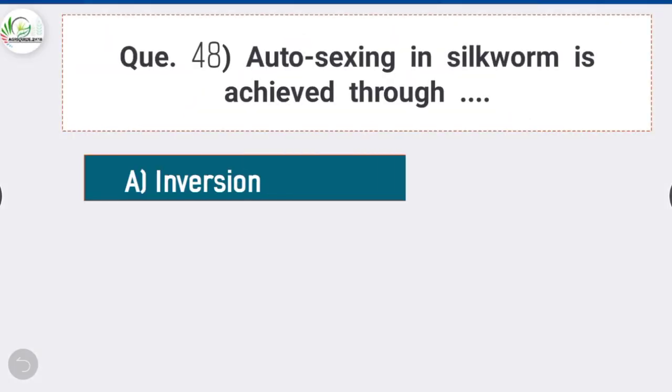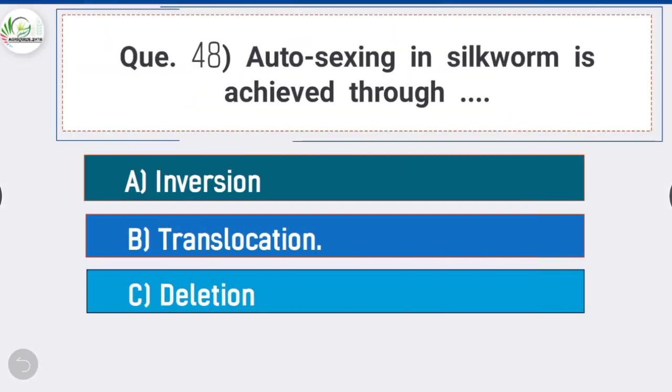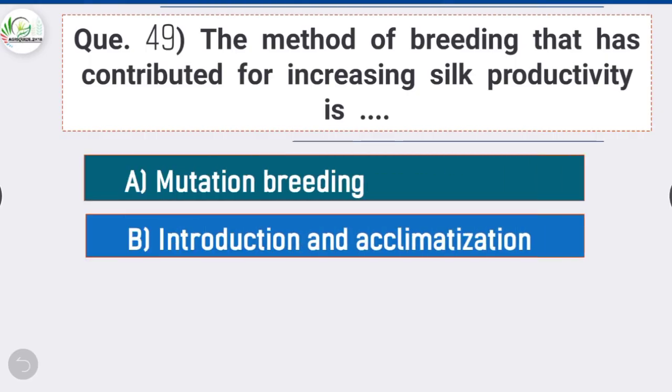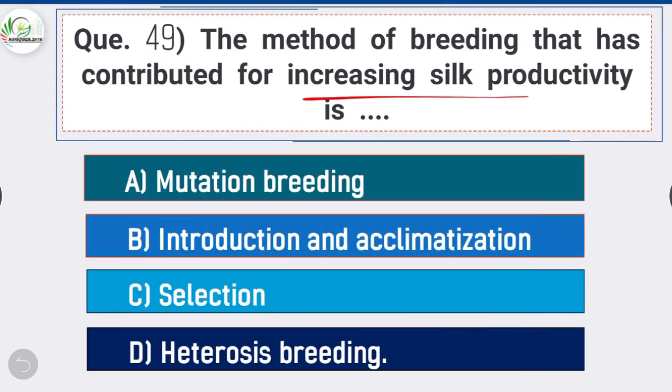Question number 48. Autosexing in silkworm is achieved through, option B is the correct answer, translocation. Autosexing in silkworm is achieved through translocation. Question number 49. The method of breeding that has contributed for increasing silk productivity is, option D is the correct answer, heterosis breeding.